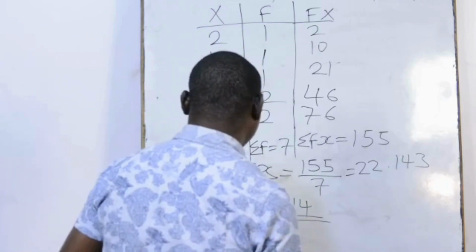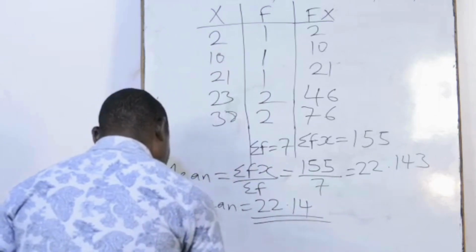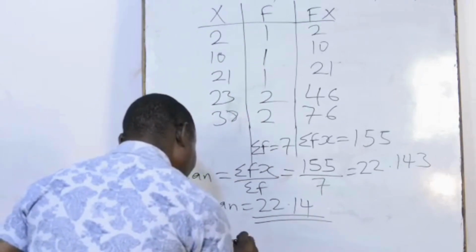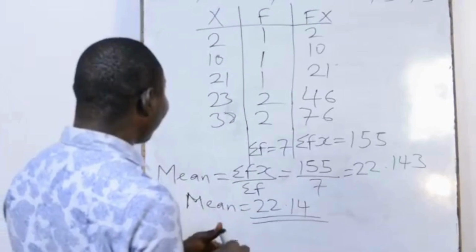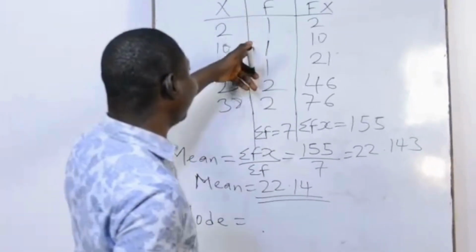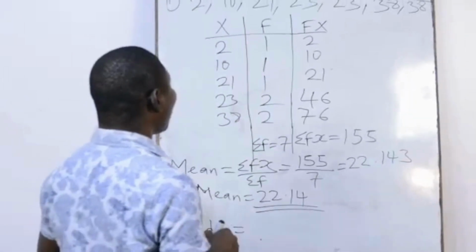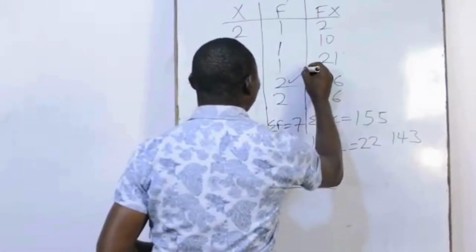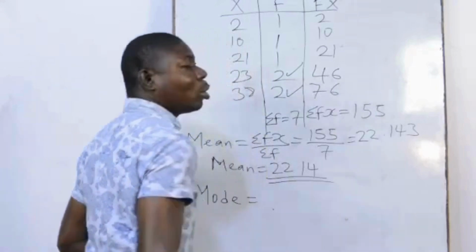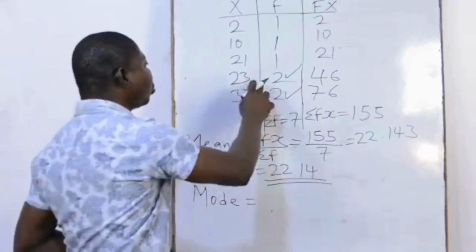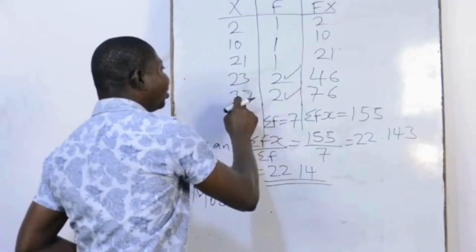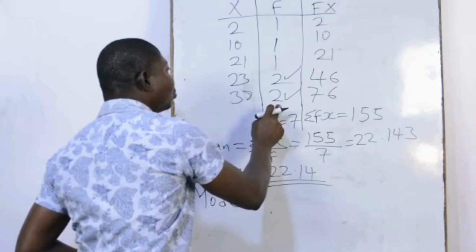Let's quickly check the mode. You will just come to the frequency and check the one that occurs most. So 23 occurs 2 times and 38 occurs 2 times.